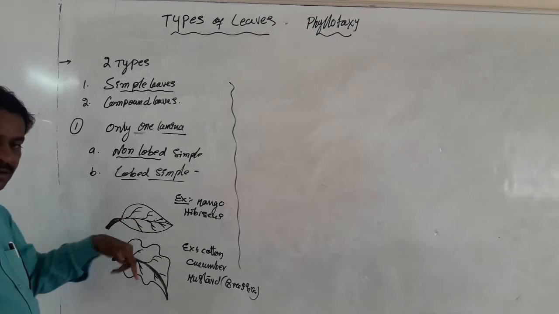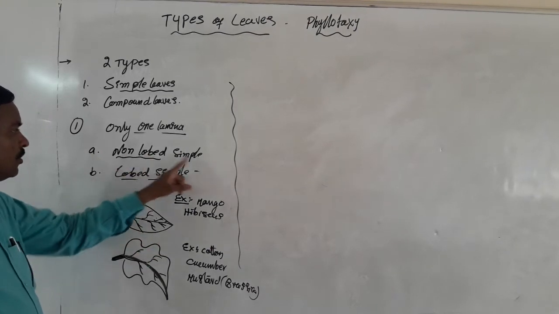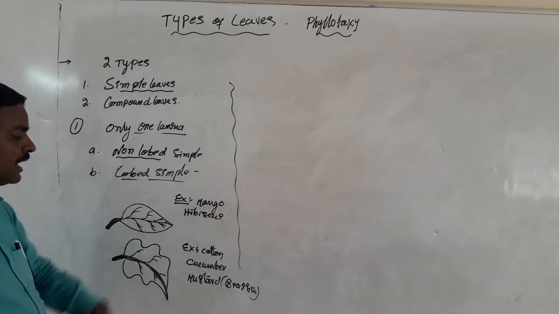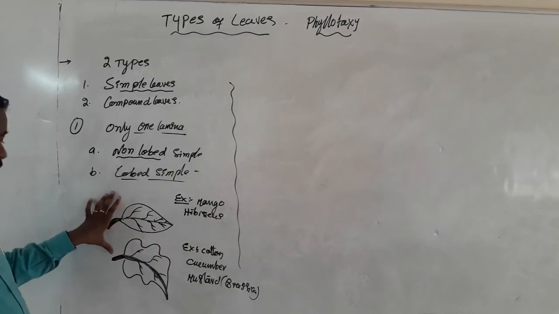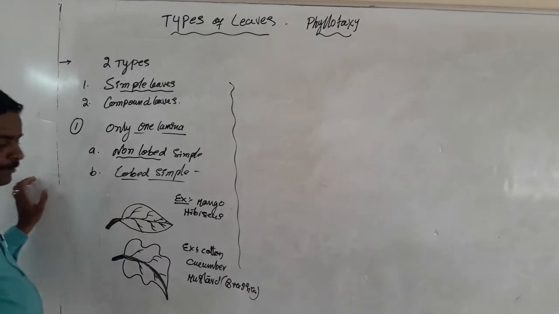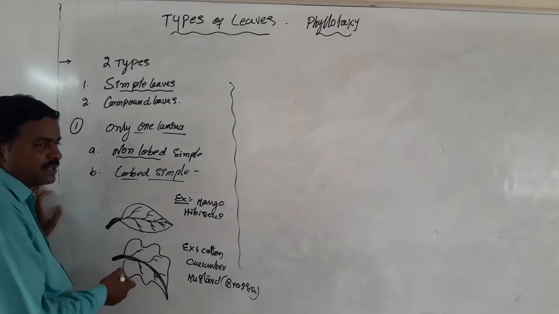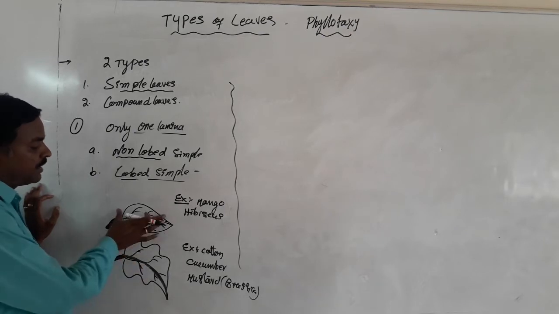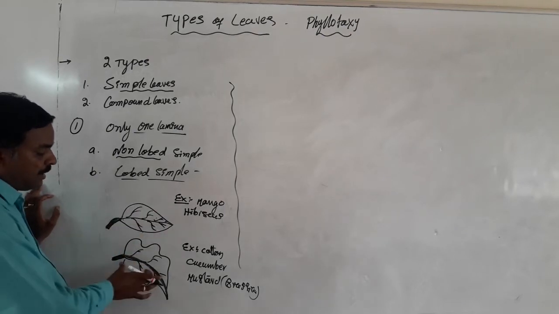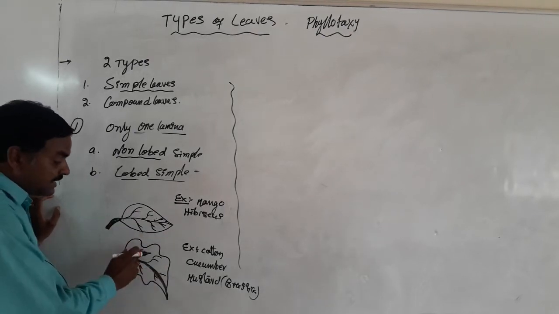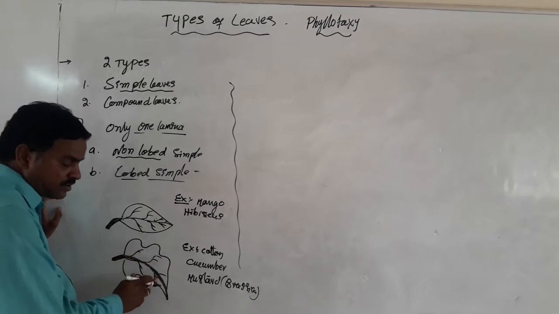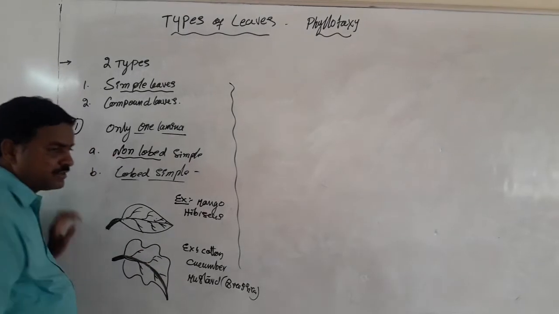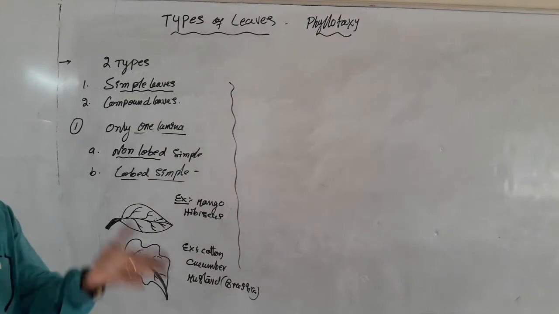A simple leaf without incisions is called a non-lobed simple leaf, for example mango and hibiscus. So both are simple leaves. Okay, but there is a small difference between these two types with respect to the lamina. In one the lamina is not incised, and in the other the lamina is incised, but the incisions do not touch the midrib, so the lamina is continuous and not dissected into small pieces.